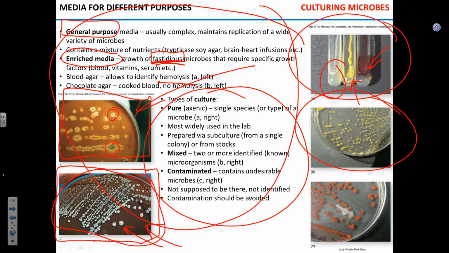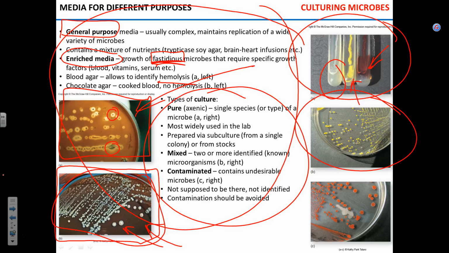Culture can be mixed. That's what you got when you sampled your skin. Did you expect it to be mixed? Yeah, most certainly. You expect to have more than one species. So mixed is good. It's okay. That's what we expect. We expect mixed culture from samples of environment, for example.